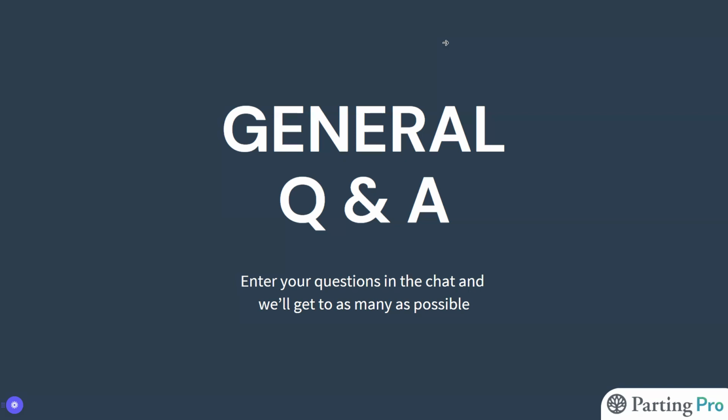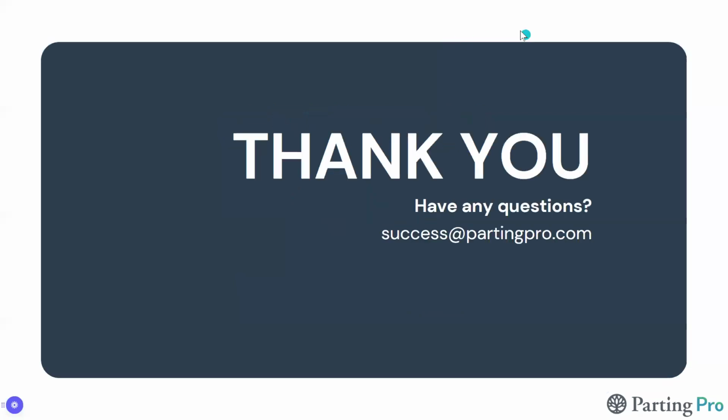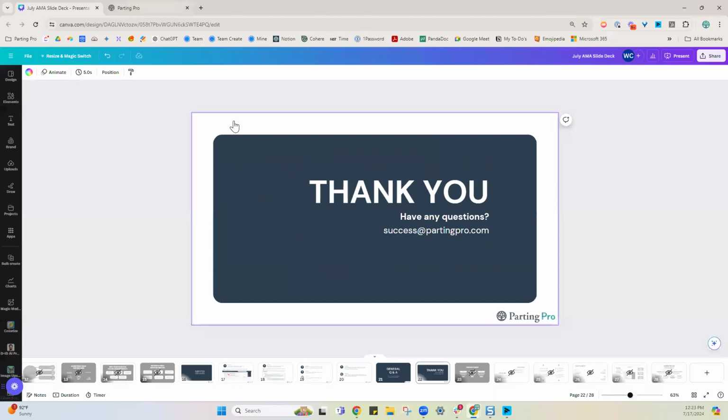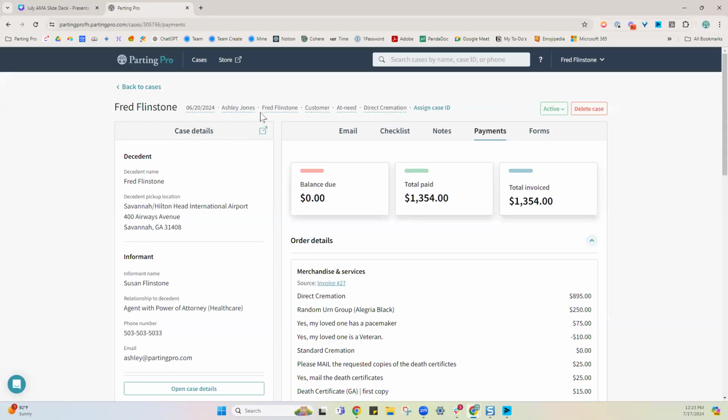Okay. Yes. So the default funeral director, and let me just go out to a dashboard. This will be easier to get into. Okay, so what we're talking about here is in Parting Pro, you've got a case manager, you've also got a funeral director role.